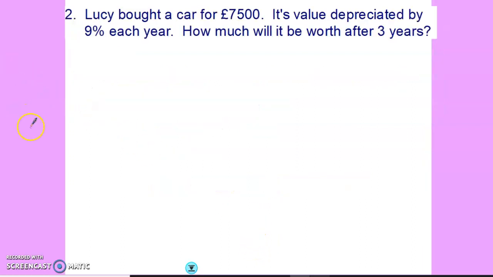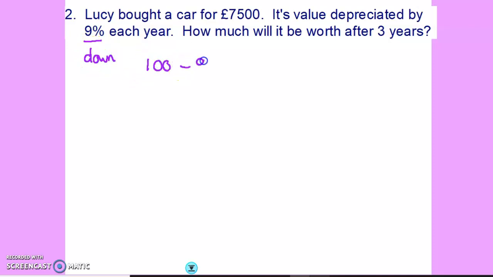Okay, let's try a depreciation. So cars, probably the most common thing that depreciates in value. So if you bought a car for £7,500, its value depreciated by 9% each year. How much will it be worth after 3 years? Okay, this time instead of going up by 9%, it goes down by 9%.